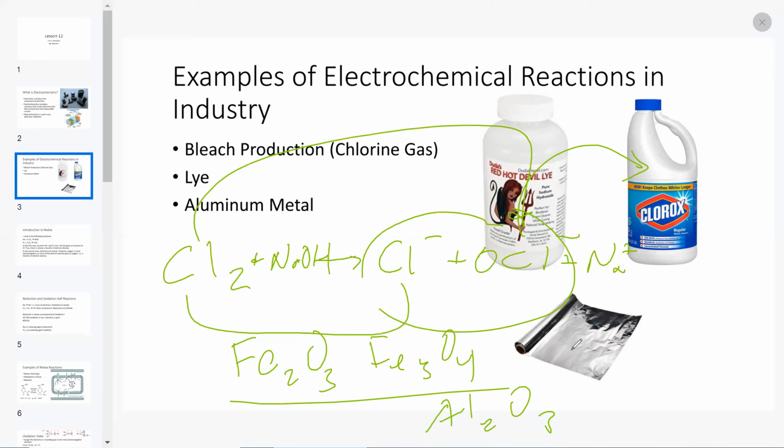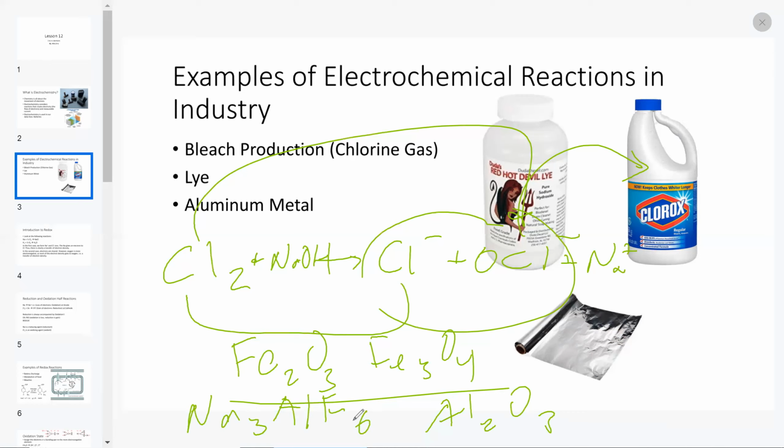So in industry, what they do is they take this vat of molten aluminum oxide. So you have this huge vat of molten aluminum oxide mixed with cryolite. So cryolite, Na3AlF6, cryolite, and that lowers the melting temperature.